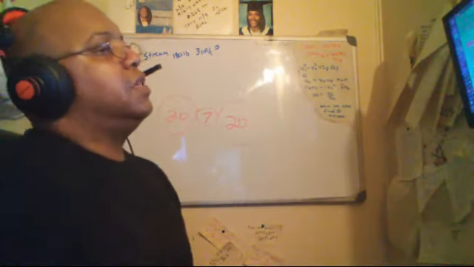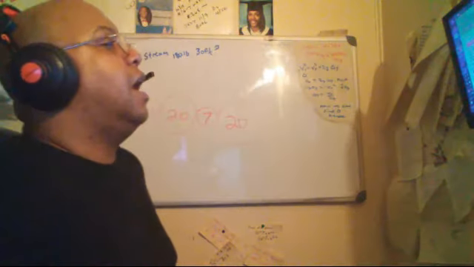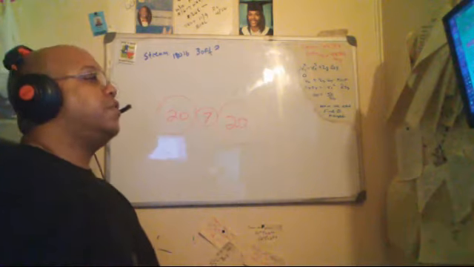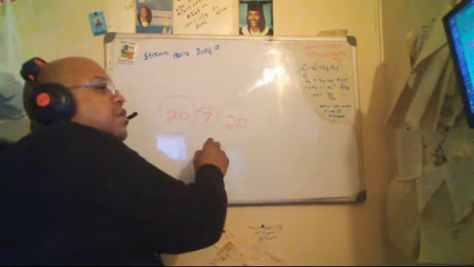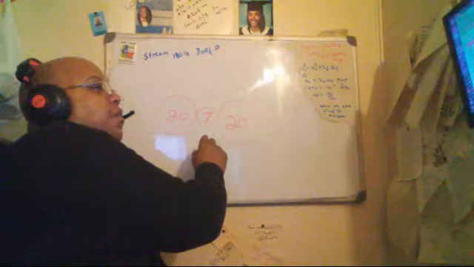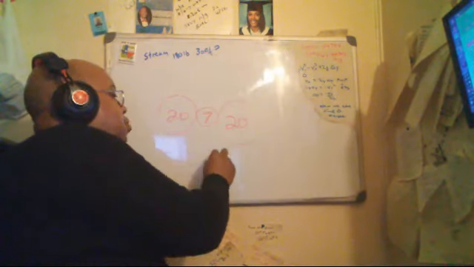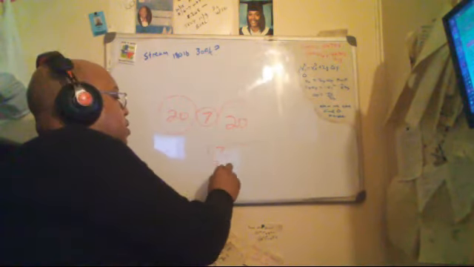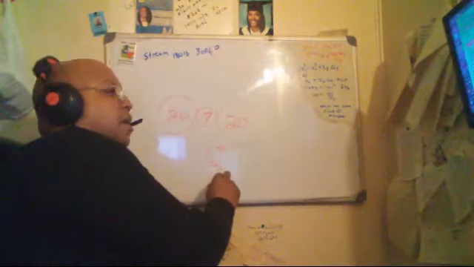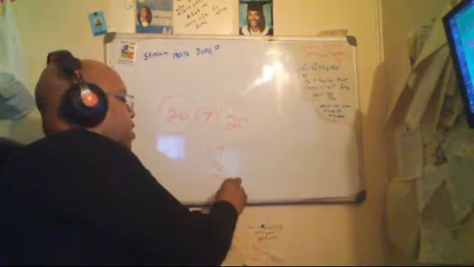Now, I believe this is a typo. The reason why I believe this is a typo is because our answers are 1.7, 3, and then we have 30 times.